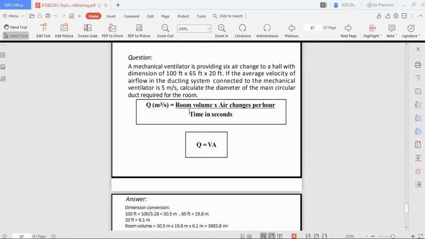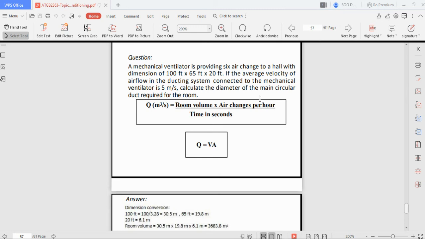So what is the requirement of the room? You know the room has this sort of dimension and these 6 air changes, and then it's in meter cube per second. So this equals to velocity times the area.